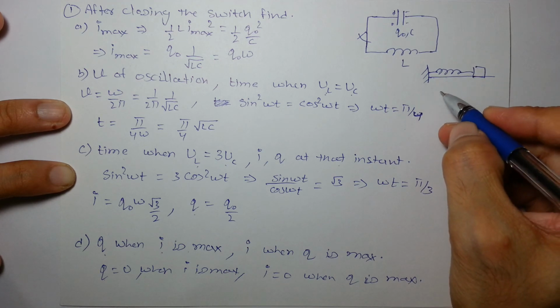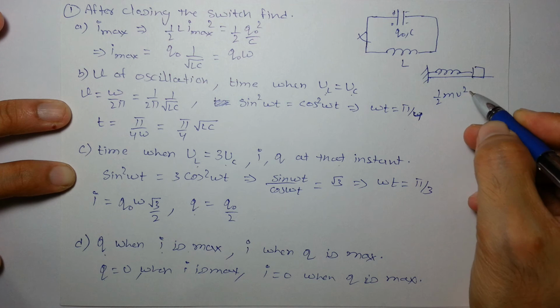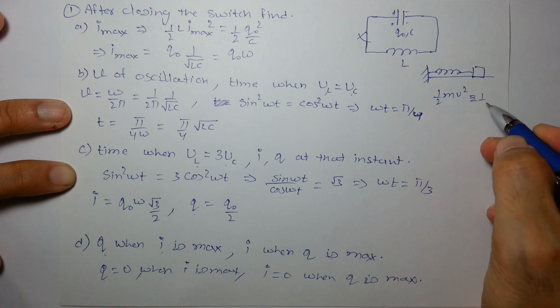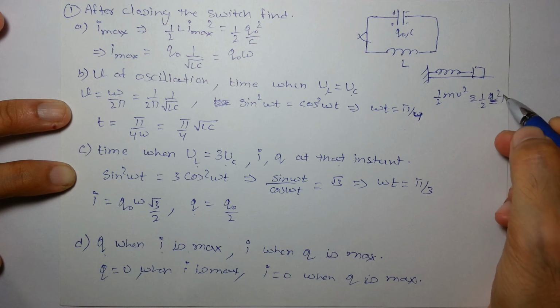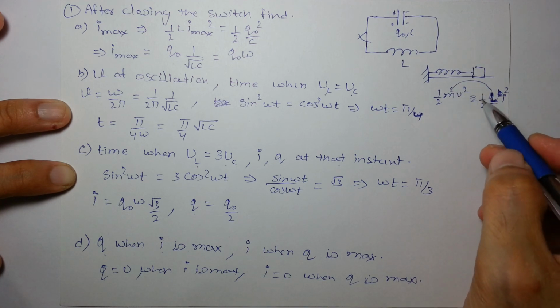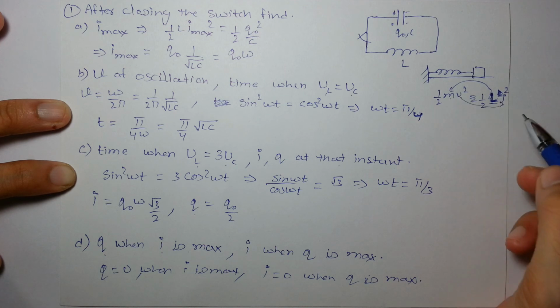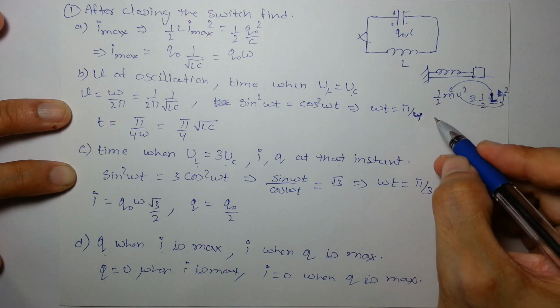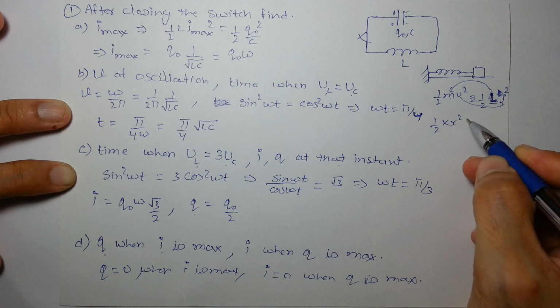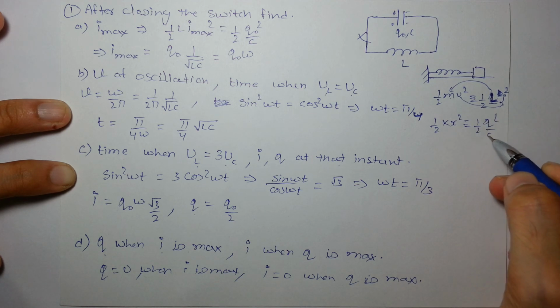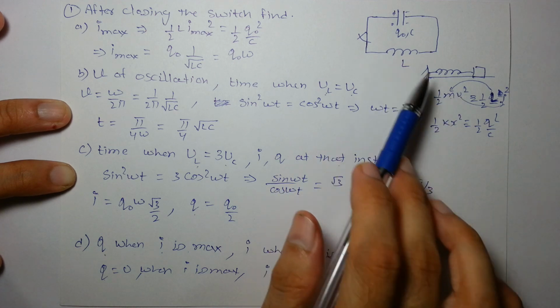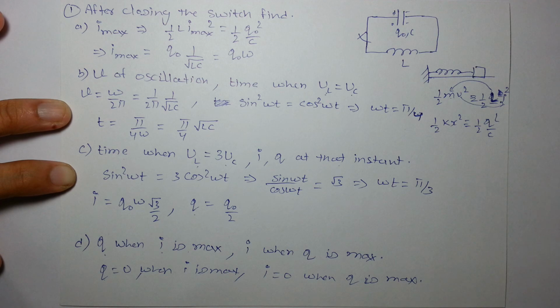The kinetic energy, which is half m v square, is associated with half L I square. L is called the inertia of the circuit, which is m. V stands for I. And the potential energy, half k x square, is replaced by half q square by C. Okay. So analogous explanations are also given in most of the books. Enjoy this.